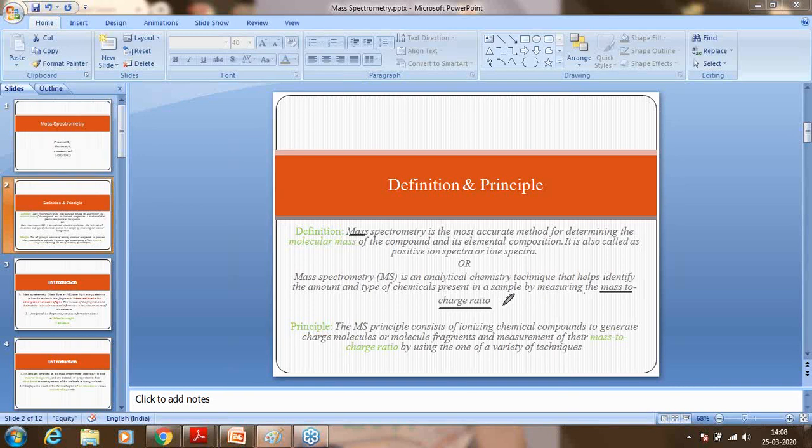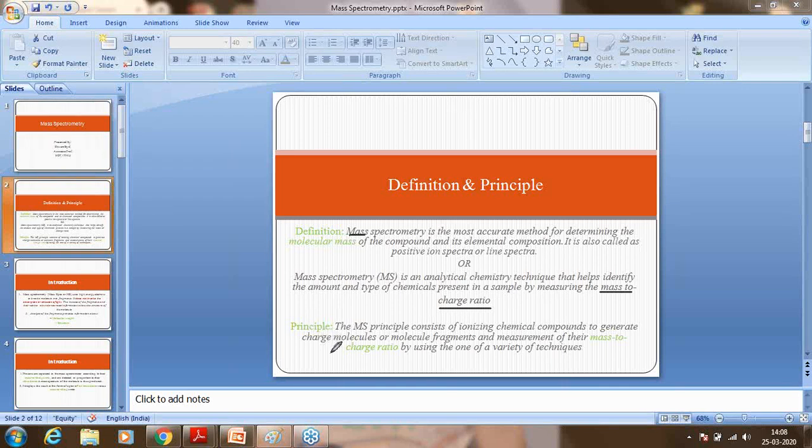Just one thing keep in mind, this is the important thing which we will identify in this mass spectrum. There is a mass to charge ratio.